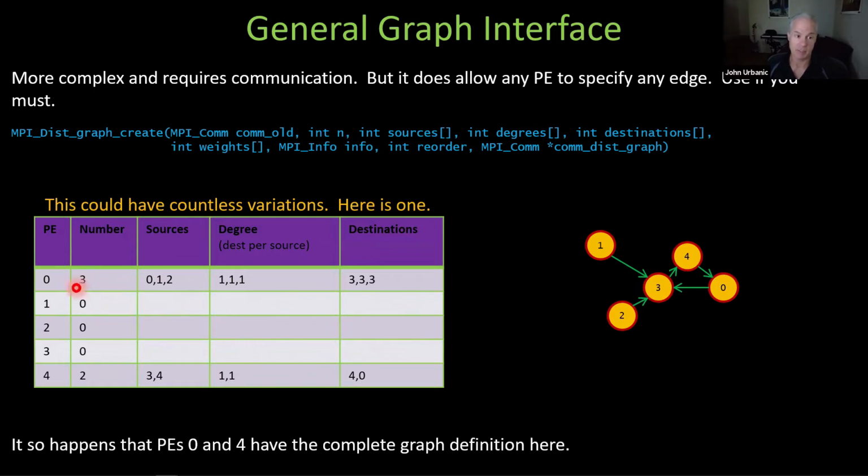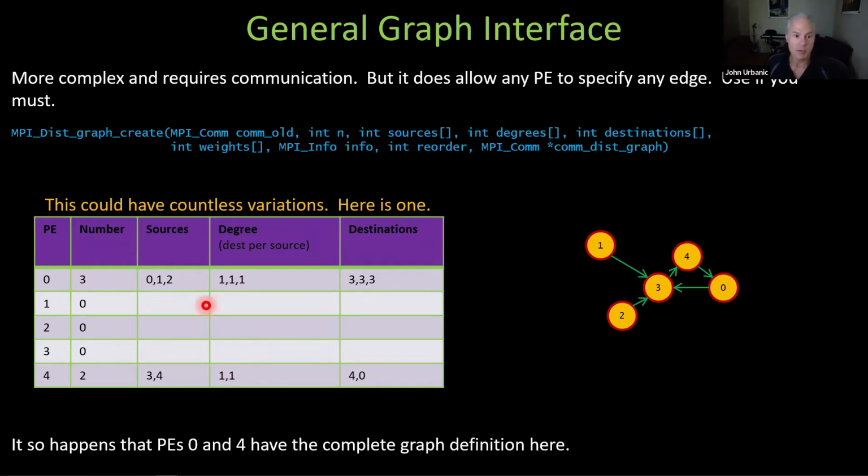They've left that up to PE 0 and 4. PE 0 and 4 know who all the neighbors are and who their inputs and outputs are. And so they've defined the same grid as the previous slide, only now it's only a couple of PEs that are doing all the work.